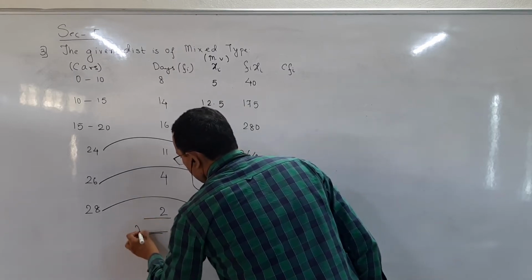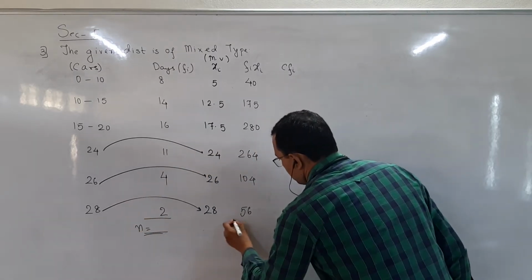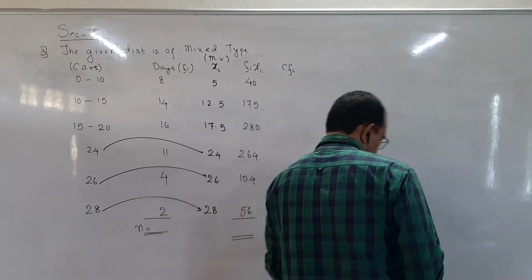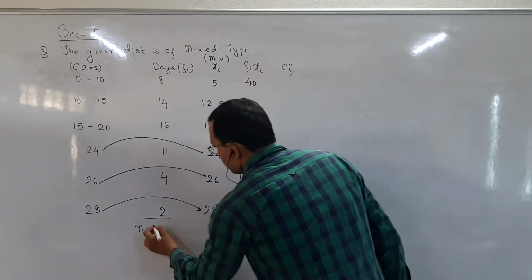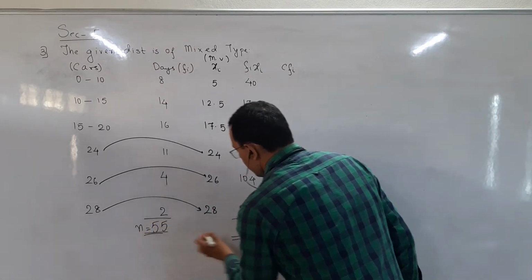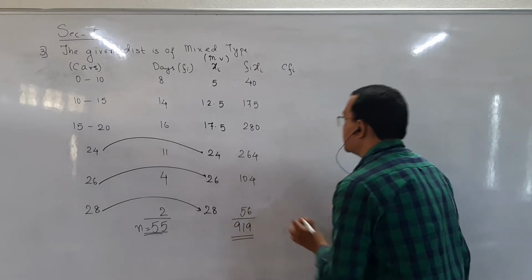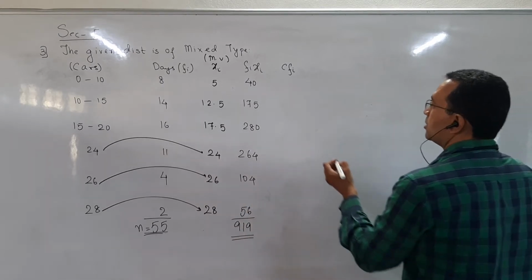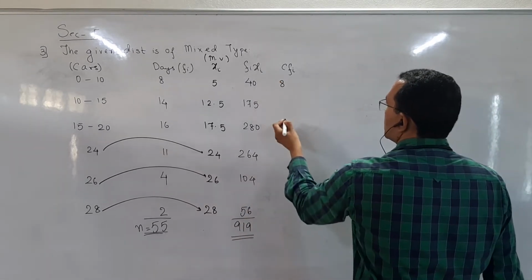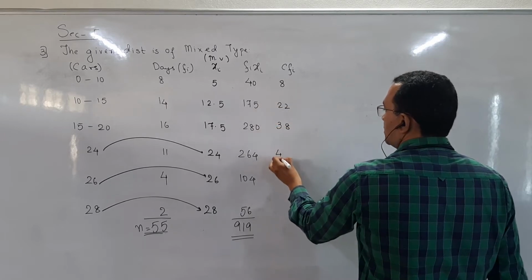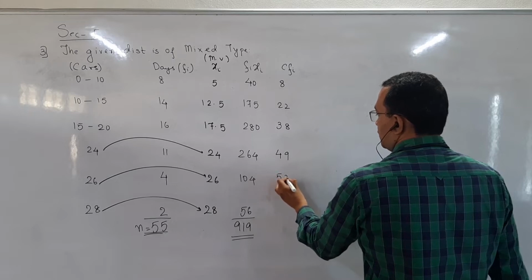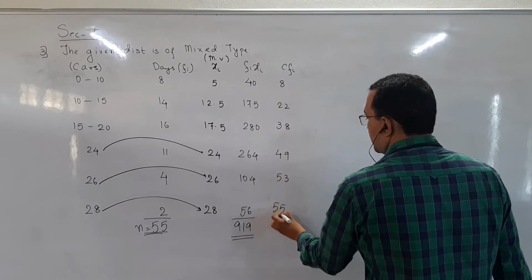If I total fi, and if I total fixi, then I get 55 and 919. This is 55 and this total is 919. Make the column of cfi: 8 plus 14, 22 plus 16, 38 plus 11, 49 plus 4, 53 plus 2, 55.